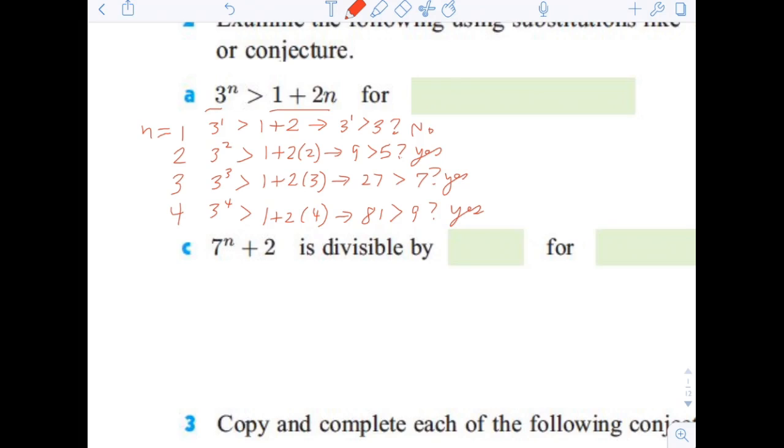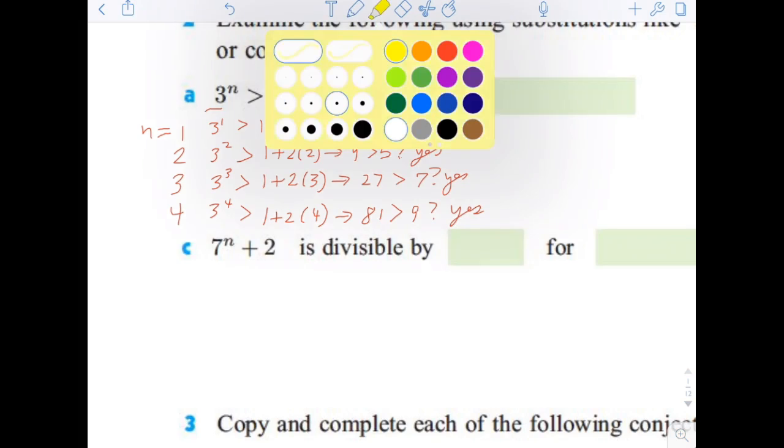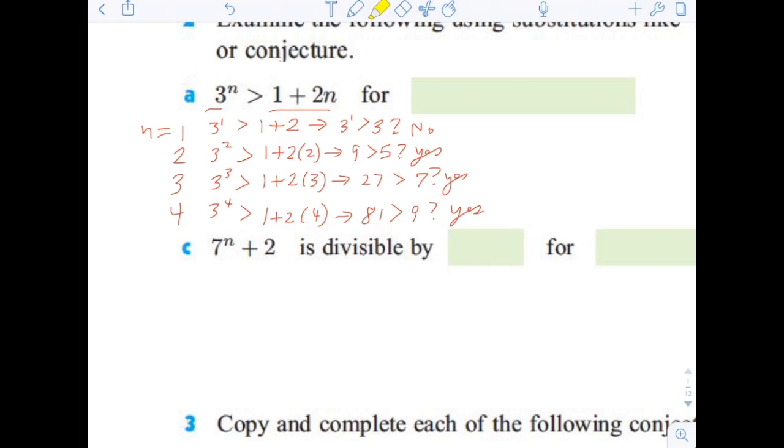Okay, so it looks like the trend is that every step the right side gets a little bit bigger every time. The left side gets very quickly bigger and bigger. So it looks like the trend is that if we get bigger and bigger values of n, the left side is definitely going to be greater than the right side.